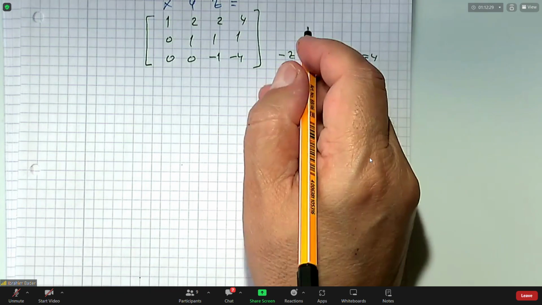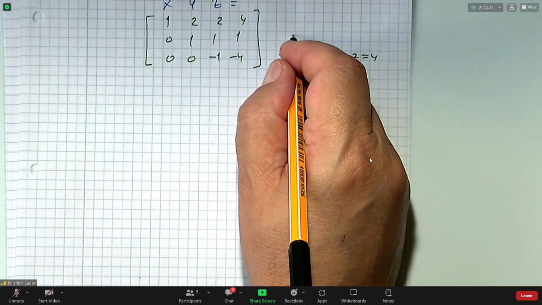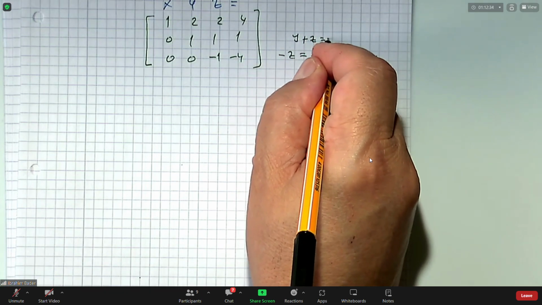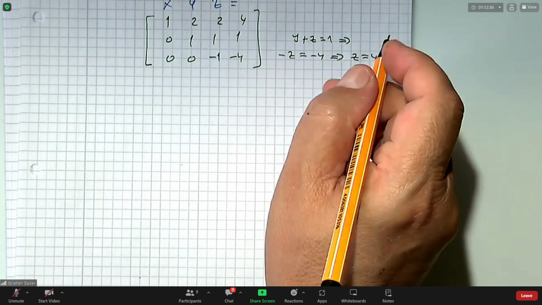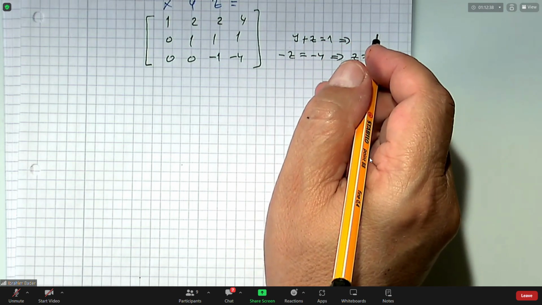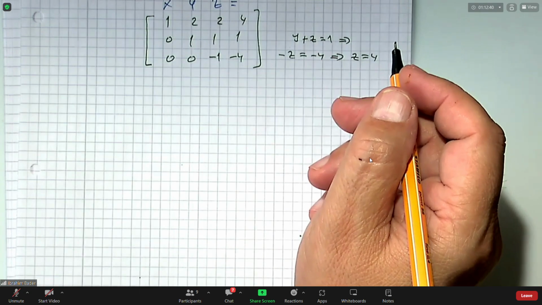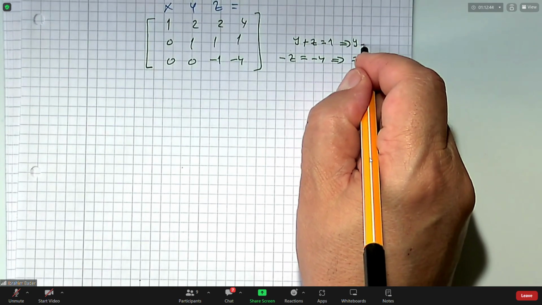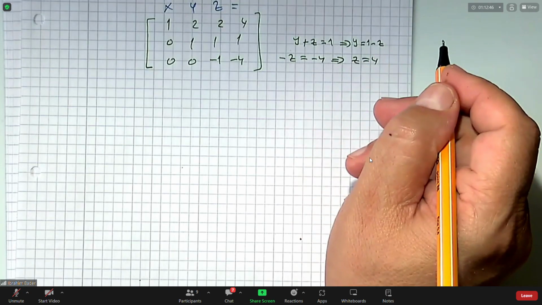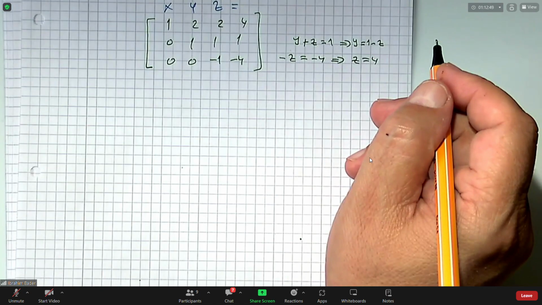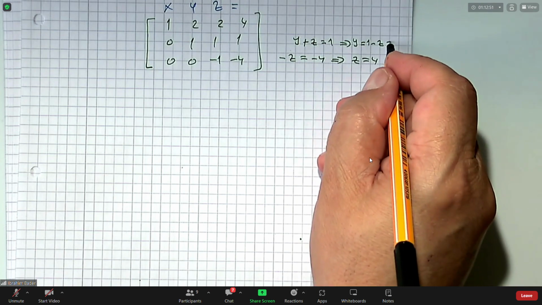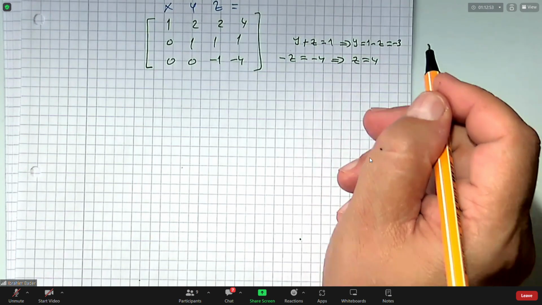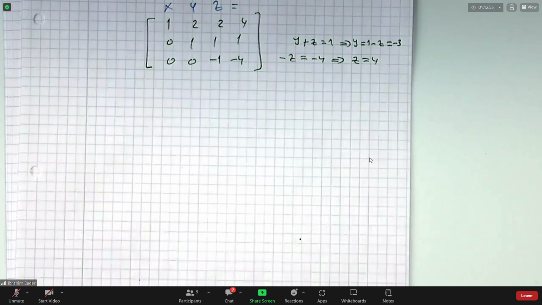If we go up here, this reads Y plus Z equals 1. Then Y equals 1 minus Z, and it's equal to -3, since 1 minus 4 is -3.